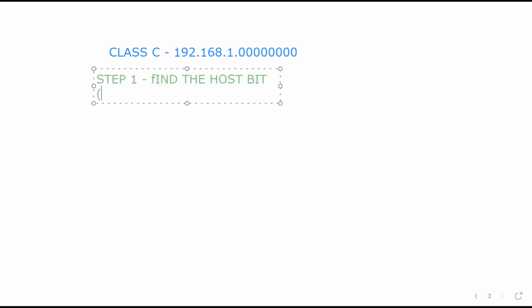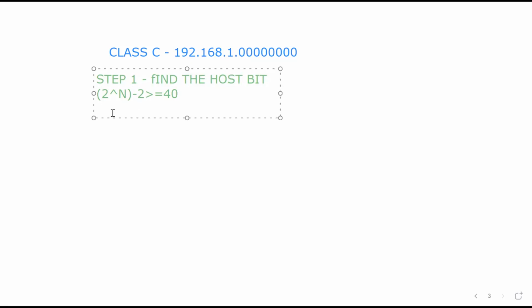There is a formula: 2 to the power n minus 2 is greater than or equal to your given IP count, right?